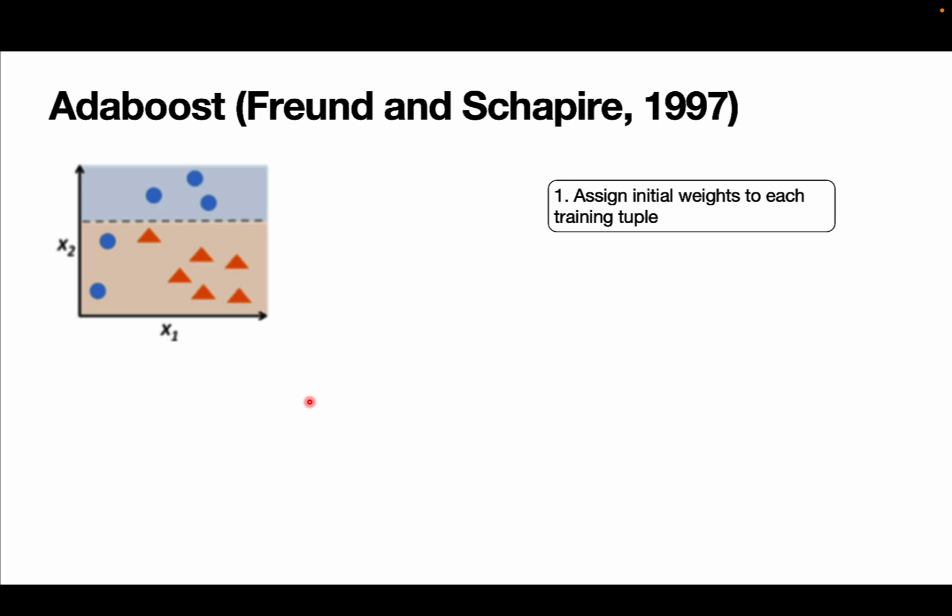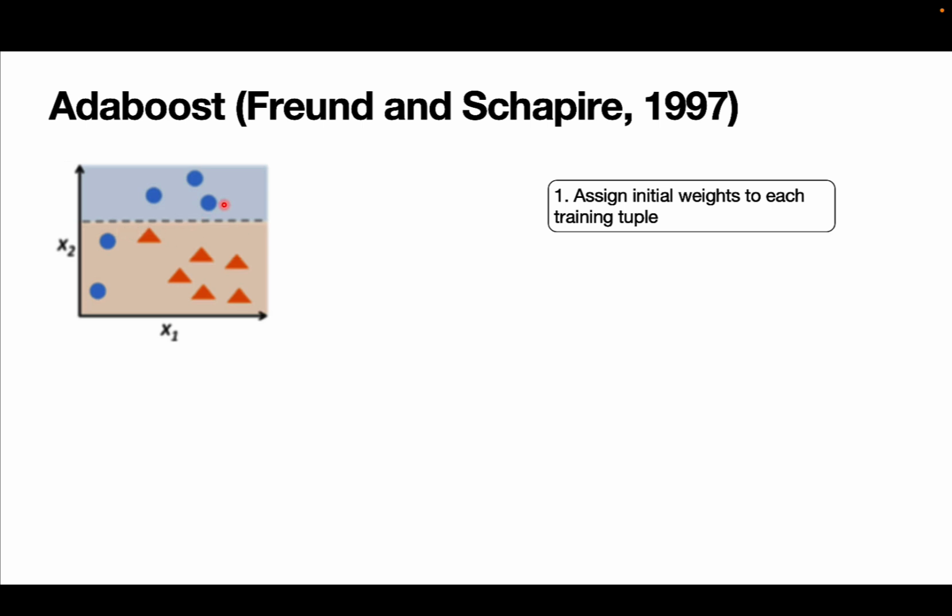So in AdaBoost, we create a very simple decision tree called a stump, which consists of just one split based on one feature. And because the tree has one decision node, the decision boundary is going to be a straight line.